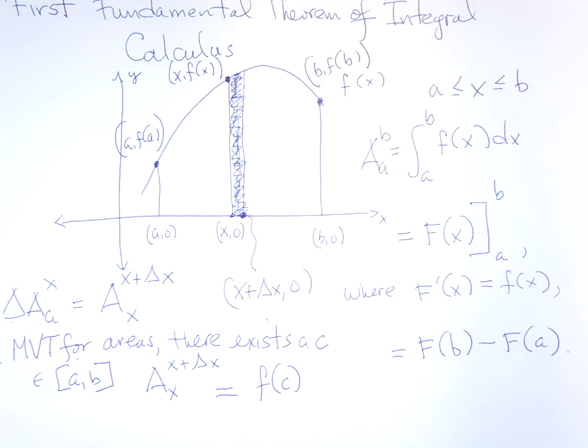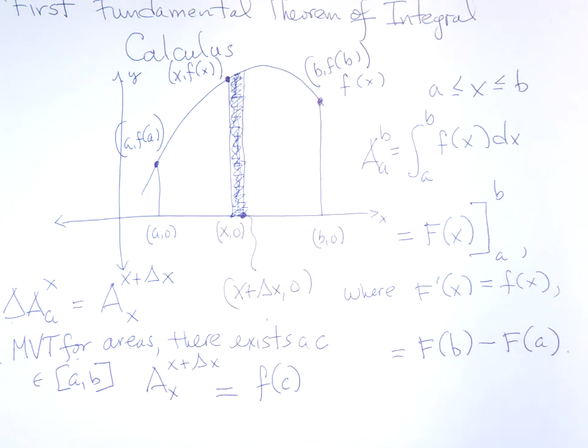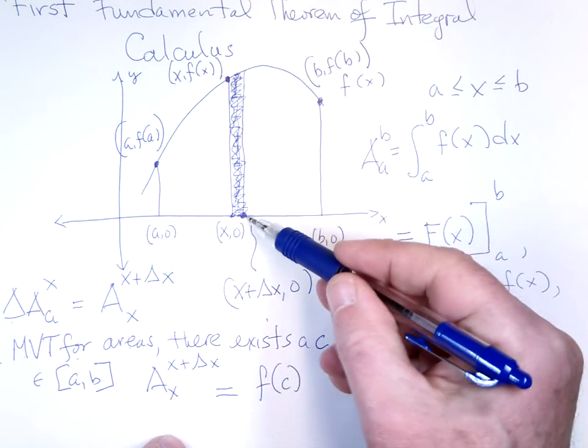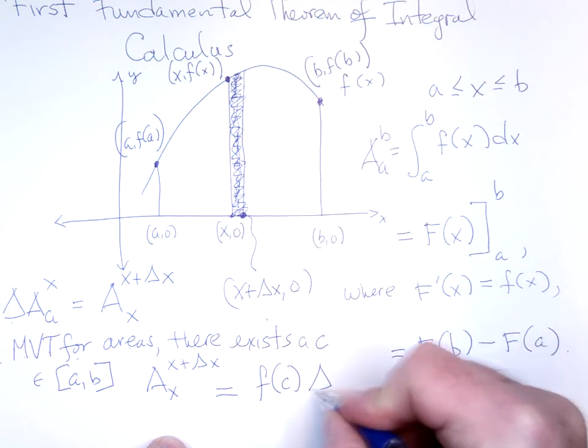Would it be x minus, b minus x? I think you guys are right there. It's that interval, right? What's the width of that interval? It's delta x. It's x plus delta x minus x, which is delta x. That's the width of that interval right there.